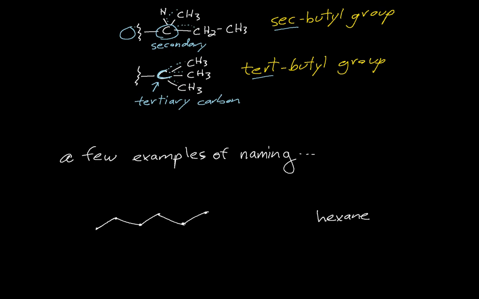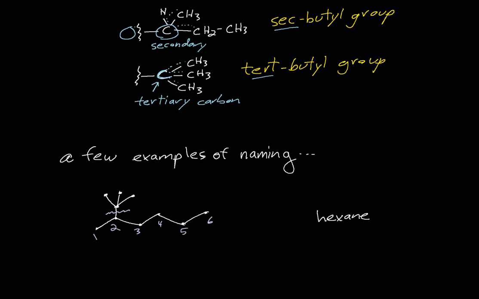Now, what if I put a group attached here where there's a carbon there, carbon there, carbon there, carbon there. We number our carbon chain 1, 2, 3, 4, 5, 6 from one end to the other, placing this substituent at the lowest possible number. So we wouldn't call this the 5 position, we call it the 2 position, if that makes sense.